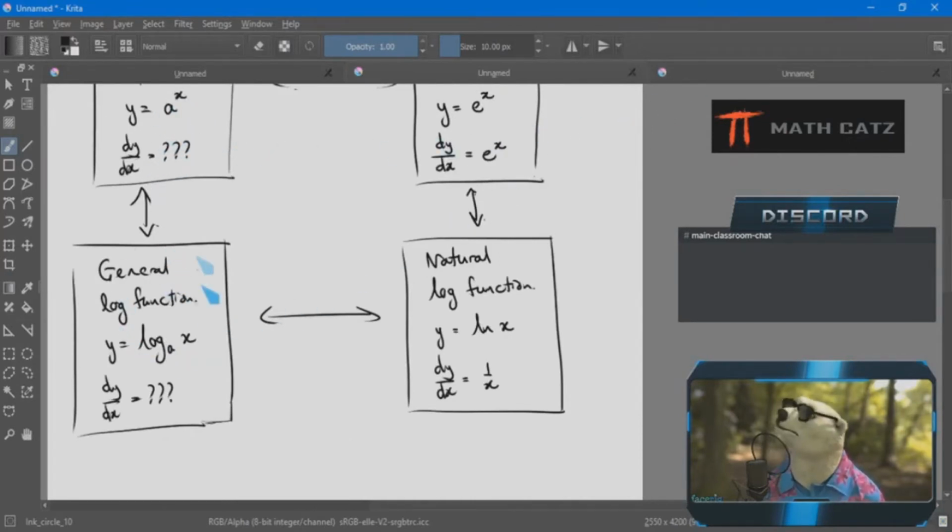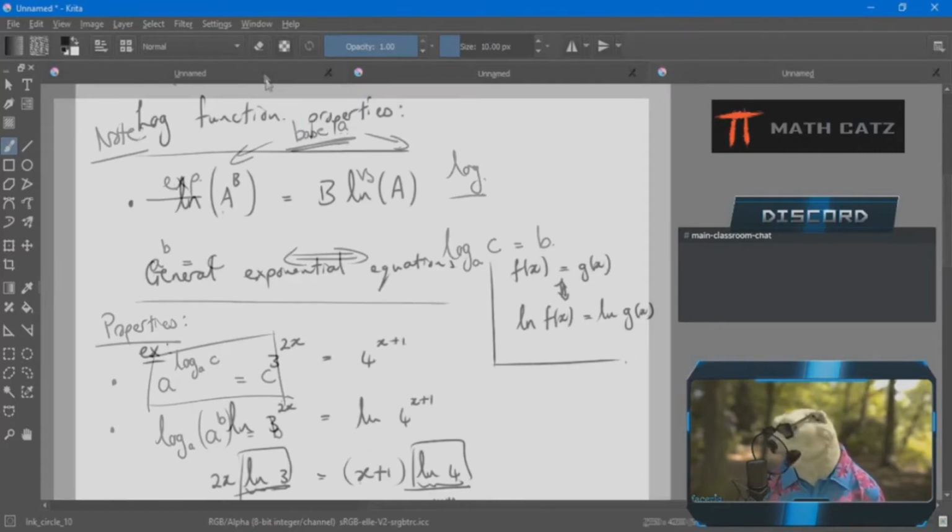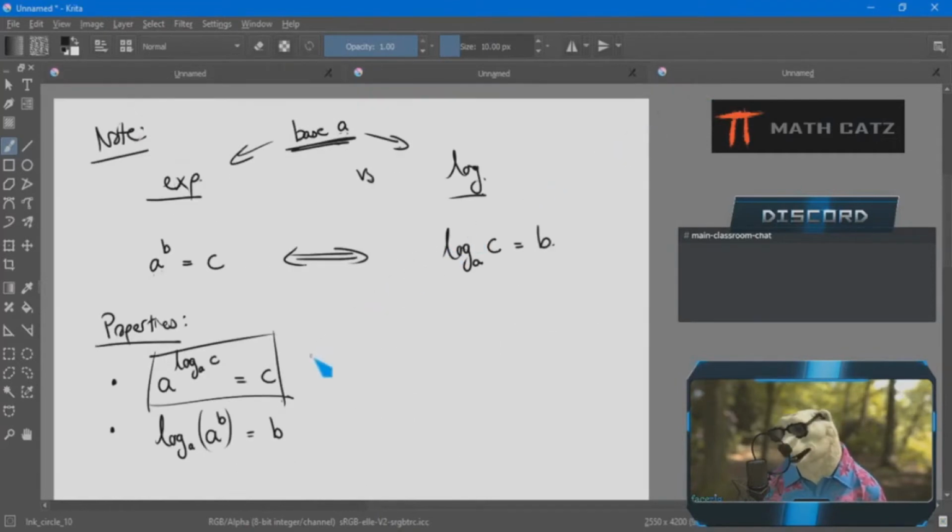But let's finish the general log function. So we have some properties. We still have the product property and the quotient property. We have this exponent moving property. There's one other property that's going to make the general base log function quite straightforward.